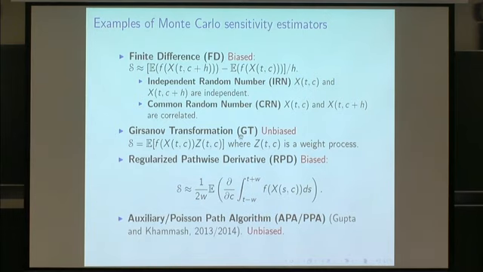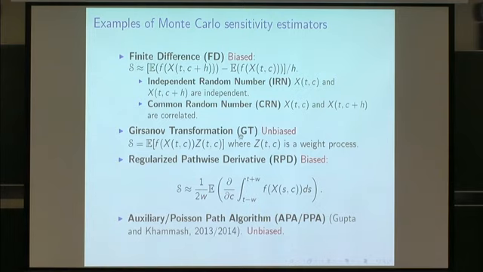You compute the weight, multiply it with the estimator, and the expected value of this is the exact sensitivity. So this method has the advantage that it's an unbiased method, whereas this other one is a biased method.